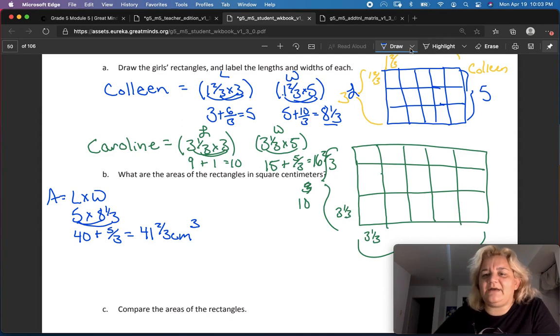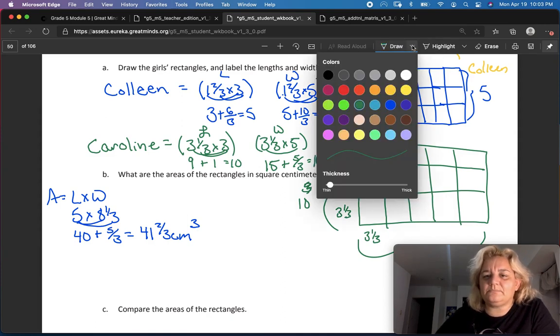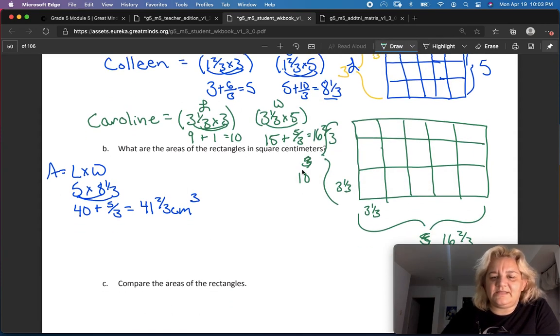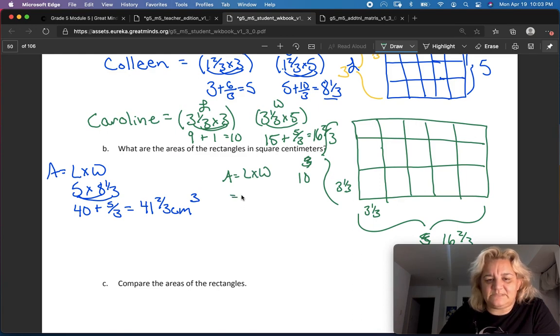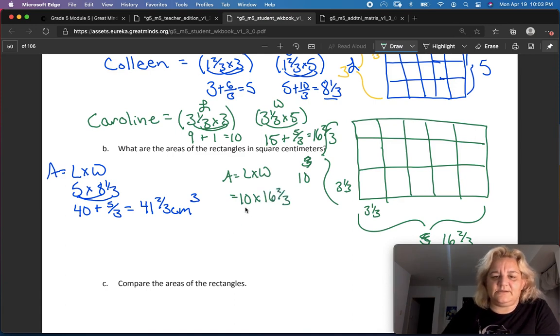Okay. And now I'll do Caroline's. We said her length was 10. So area equals length times width. We said that that was 10 times, and the width was 16 2/3. So 10 times 16 is 160.